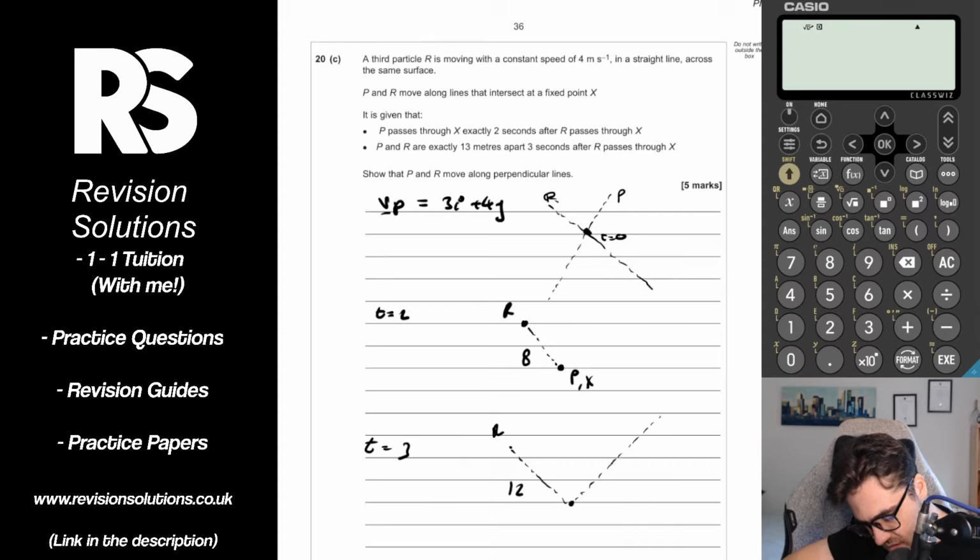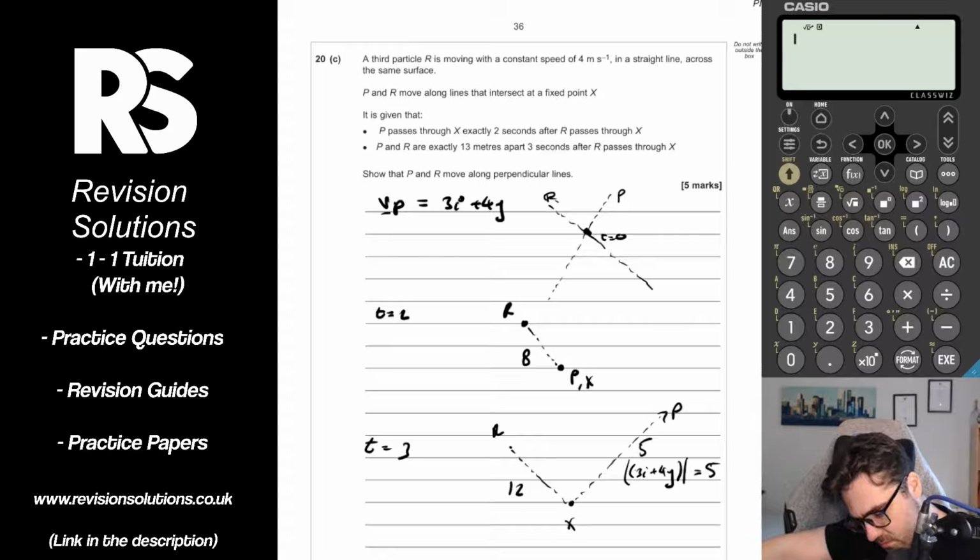P would have traveled for 1 second, so this vector here is just multiplying by 1, so 3i plus 4j. Let's get that as a distance, as everything's in terms of distances. Using Pythagoras, the magnitude is 3 squared plus 4 squared, which is 25, and then square root, so that's 5. So this distance from X to P at t equals 3 is 5.